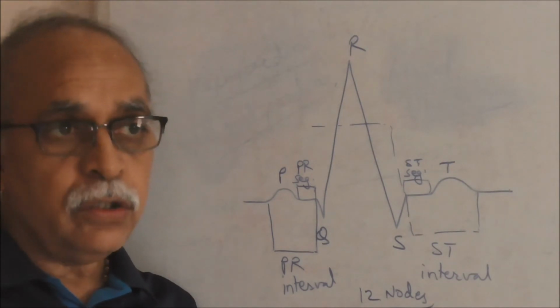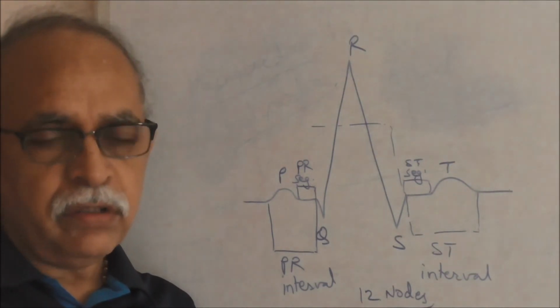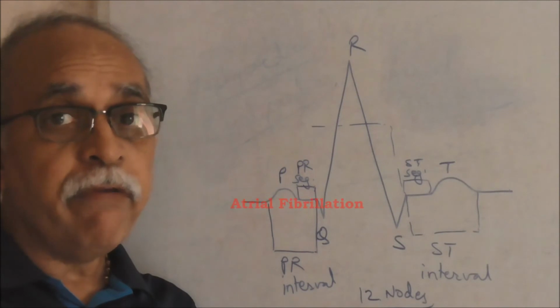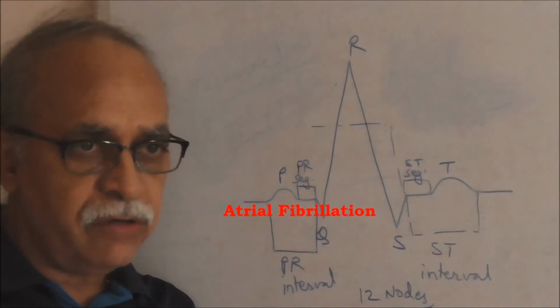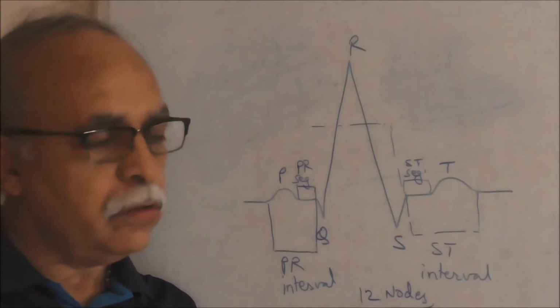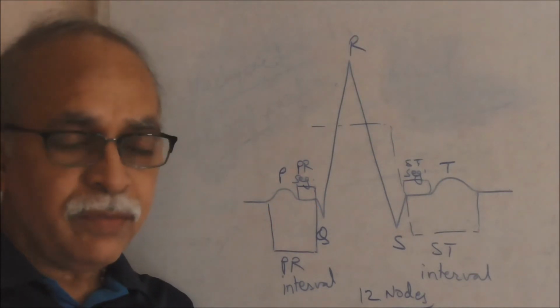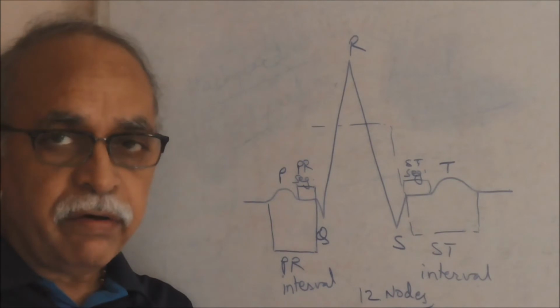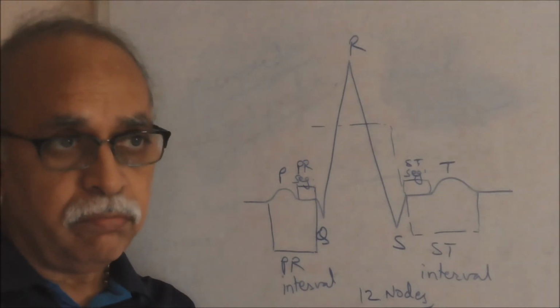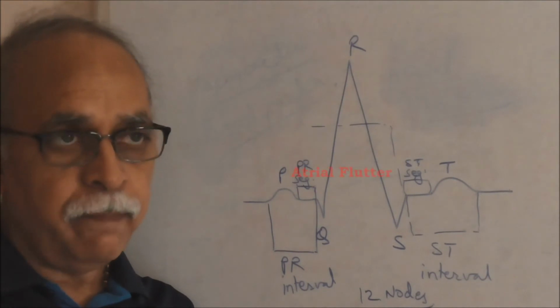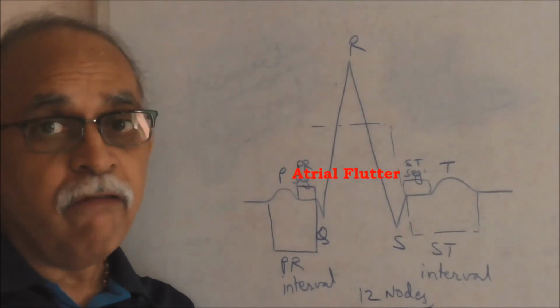If it goes to a still higher level, it's called atrial fibrillation. Fibrillation is a large increase in the heart rate, and at times it can go still higher, and then the heart is almost unable to push out the blood. That's called atrial flutter.